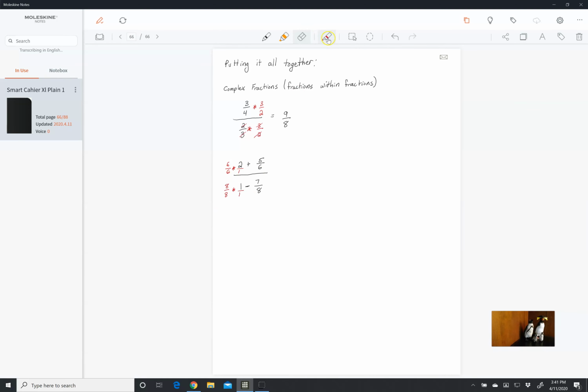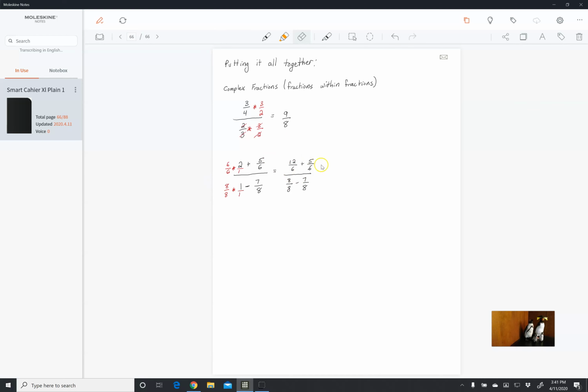So what we get when we multiply this is we get a 12 over 6 plus 5 over 6 on top. 2 times 6 is 12. That's where we get this 12 from. And then 8 over 8 minus 7 over 8.